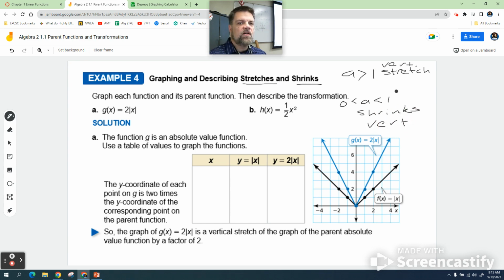And it doesn't matter what we do. It could be a quadratic. It could be an absolute value function. For example, we have 2 absolute value functions, and the factor is the number, right? So let's look at this.